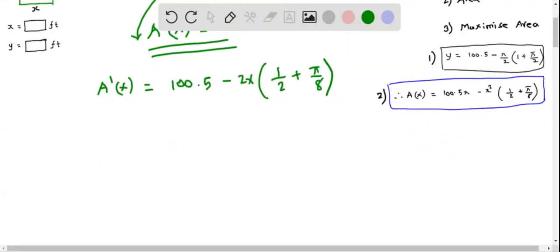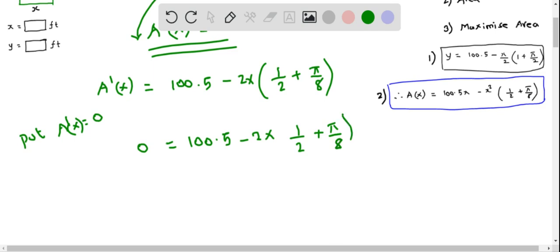Now let's set up this A prime of x equals 0. So we put the first derivative equals 0, and when we do that, we get 0 equals 100.5 minus 2x times 1 by 2 plus pi by 8. We solve for x from this equation. So we get 2x times 1 by 2 plus pi by 8 equals 100.5.